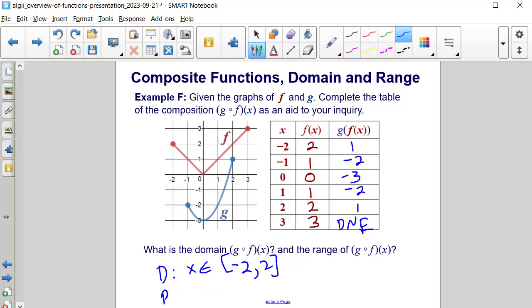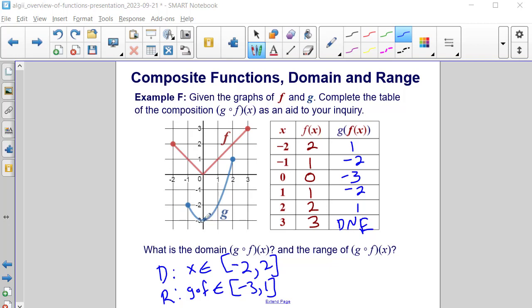And then the range for g of f, that's contained in the set from negative 3 to positive 1. And we can also verify this because g is the final set of outputs.